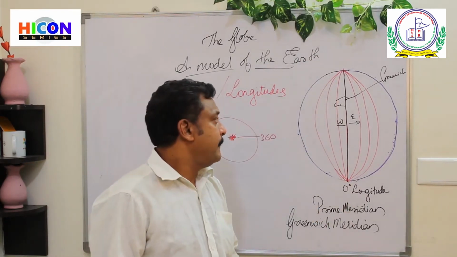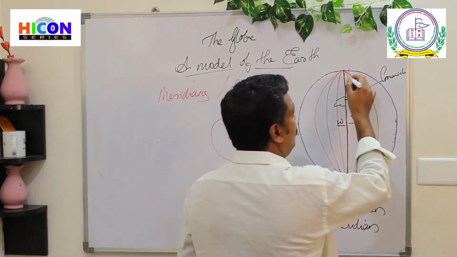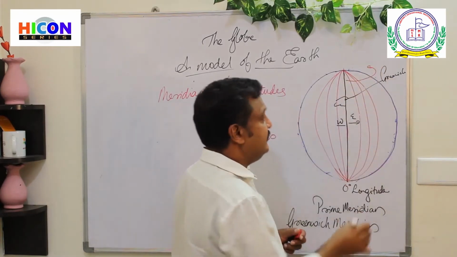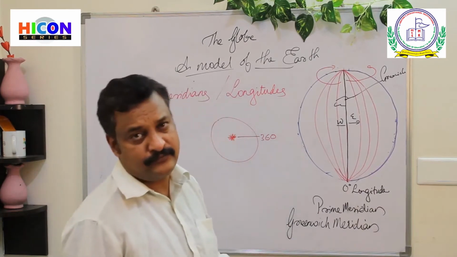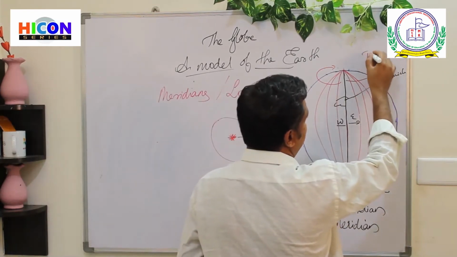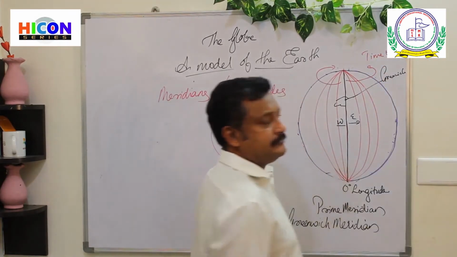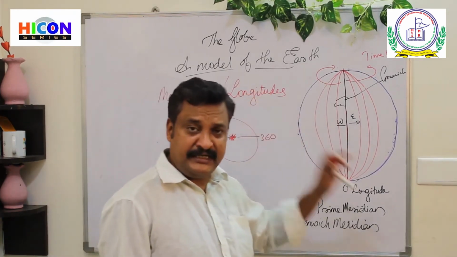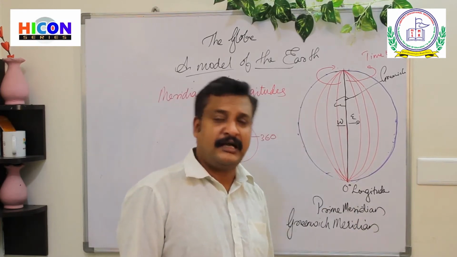And there are 180 longitudes to the east of the 0 meridian and 180 to the west, right? So these east and west directions and meridians are basically used for time calculation. Okay, we use prime meridians or the meridians or the longitudes basically for time calculation.